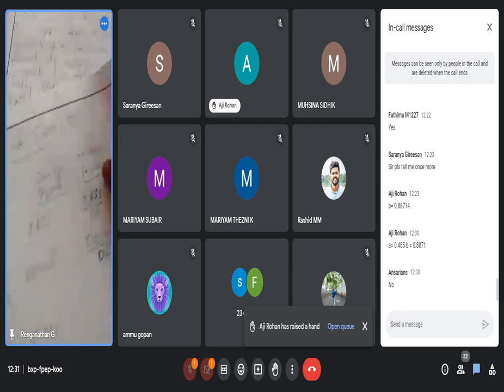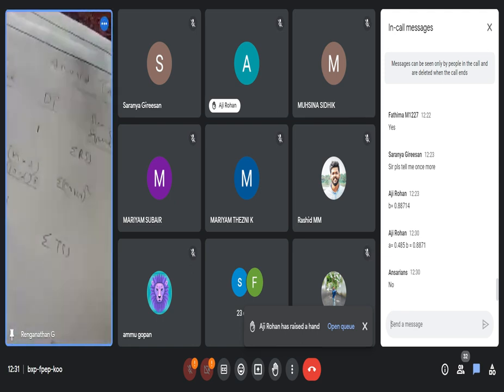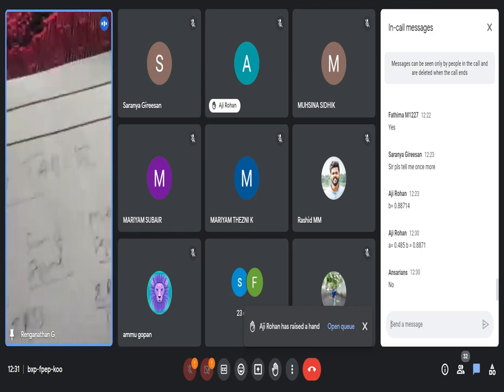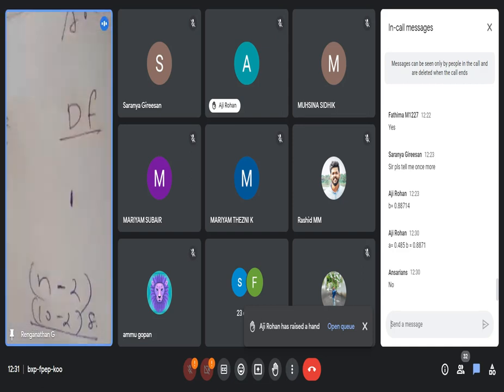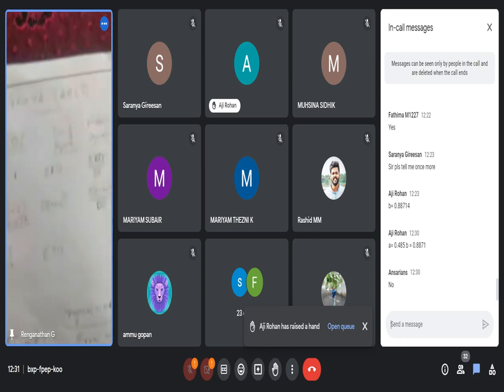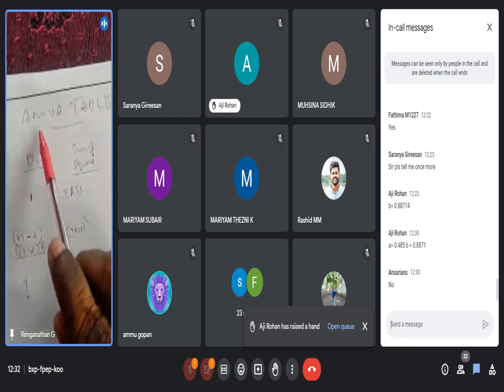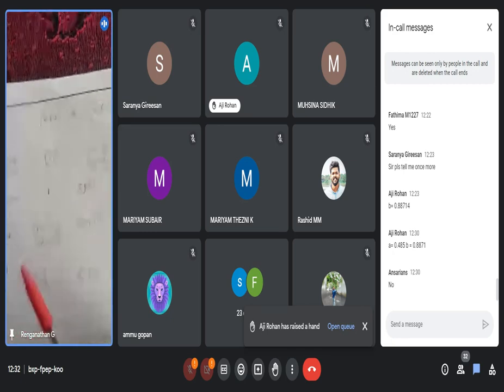Now listen, we are moving towards the next point, which is the ANOVA table or ANOVA procedure. Everybody look here. I provided a heading like this, ANOVA table. We should prepare this ANOVA table.